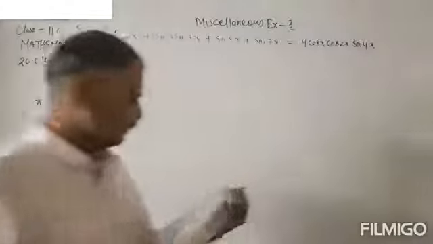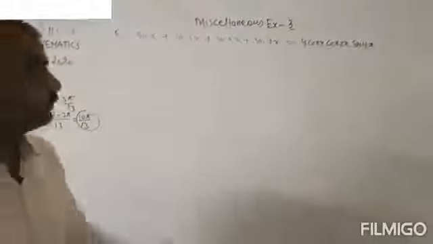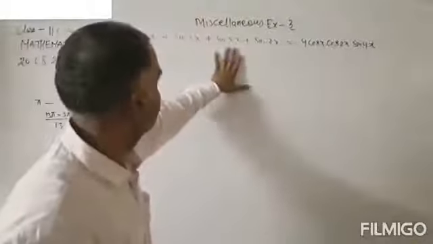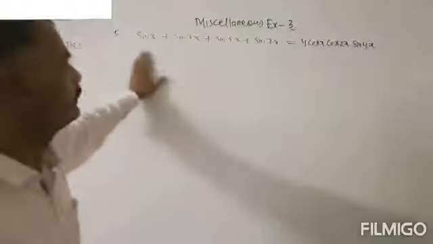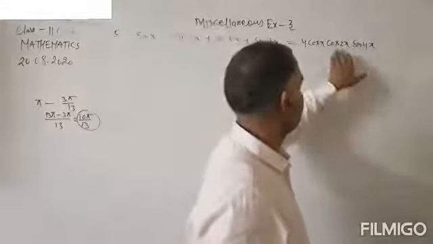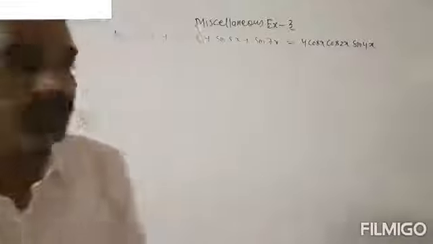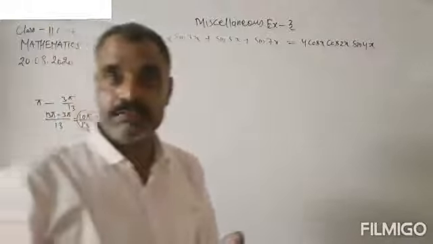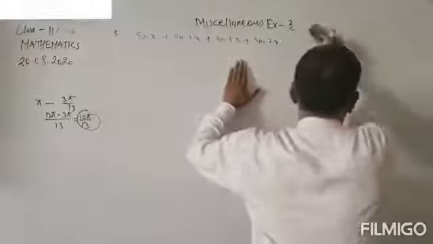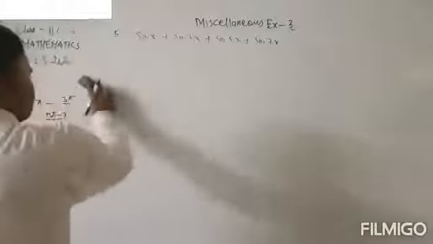This is question number 5. Ultimately we have to prove this is equal to 4 cos x cos 2x sin 4x, or what we can say, we have to simplify this trigonometric expression.